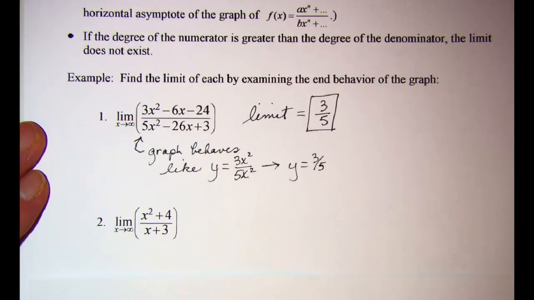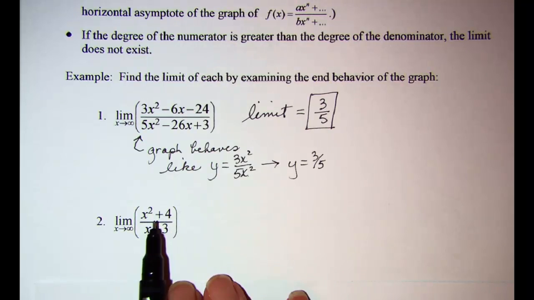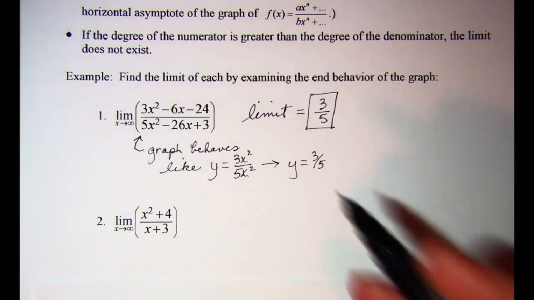Let's do another example. If we use our guidelines, we can see that the degree of the numerator is 2, the degree of the denominator is 1. Since the degree of the numerator is greater than the degree of the denominator, the limit of this expression does not exist.